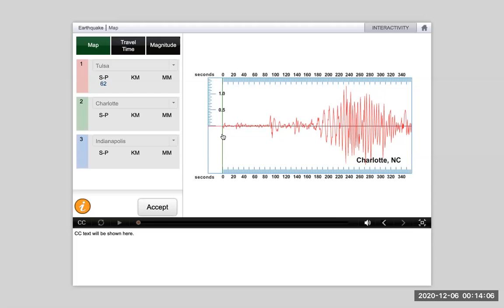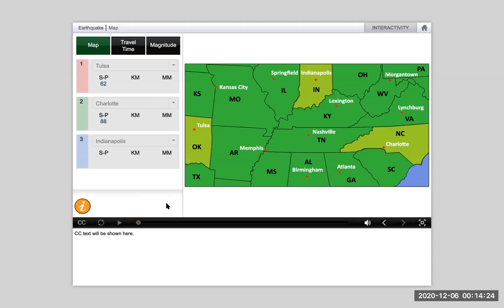So the green line starts at the P wave when the P wave first arrives at the seismograph. And then I'm going to drag it over to where the S wave first arrives. And I'm going to accept that.